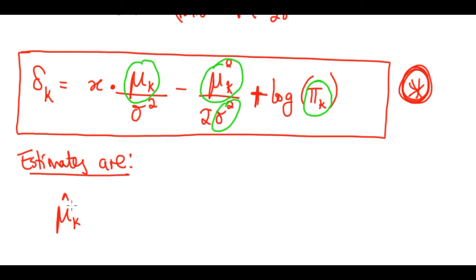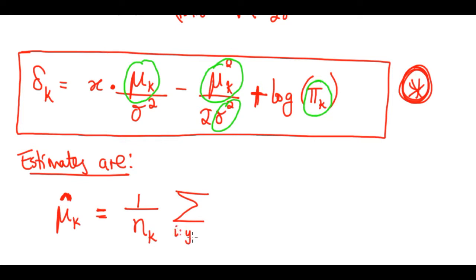If it's a sample and you want to know the mean of the sample, you just add everything up, divided by how many things there are in that class, right? That's exactly how LDA is going to do it. It's going to say 1 divided by nk, the number of observations in class K, and then you sum.